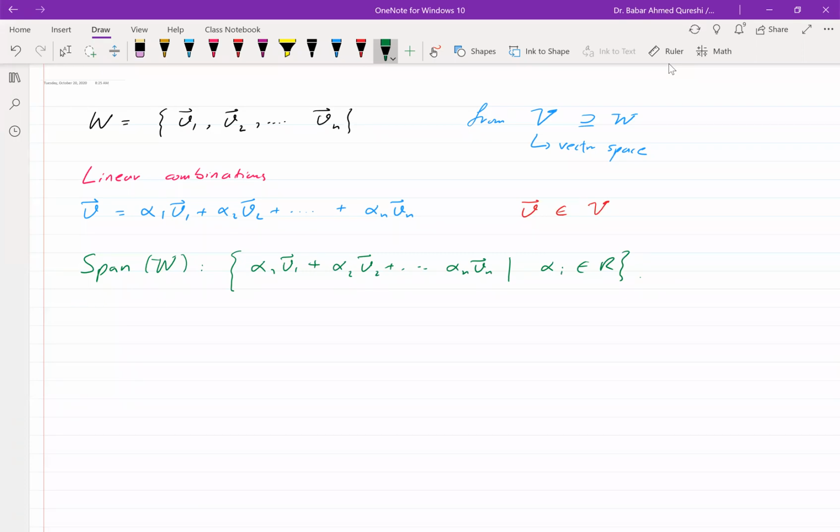So when you collect all these vectors, this will be this span, this new set which you will create. The span of W, since you are getting back vectors from the vector space, is still a subset of V, but it's more than that. It will also be a subspace.